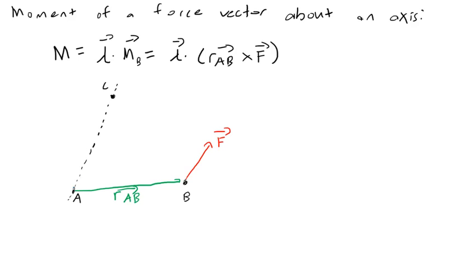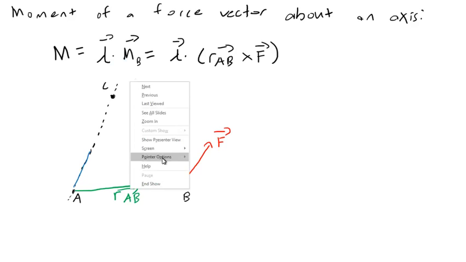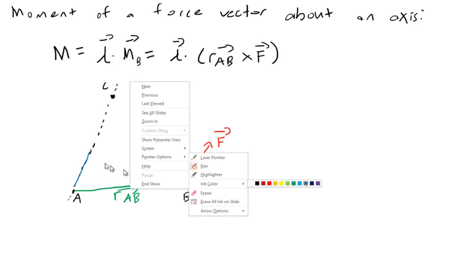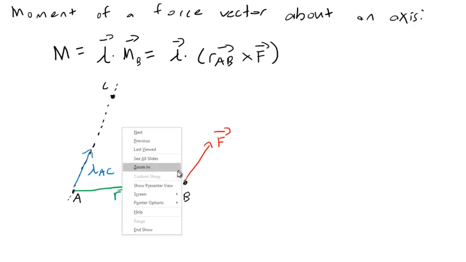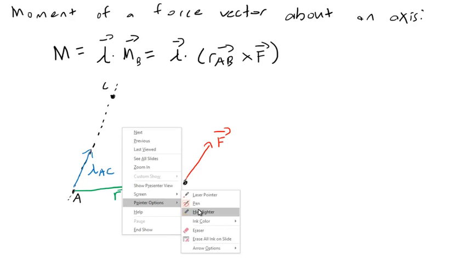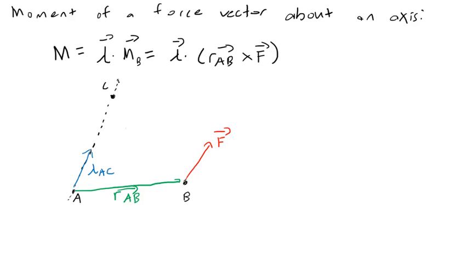And then lambda, to be consistent, let me call this lambda AC, or just lambda, either one is fine. So F is the force vector.